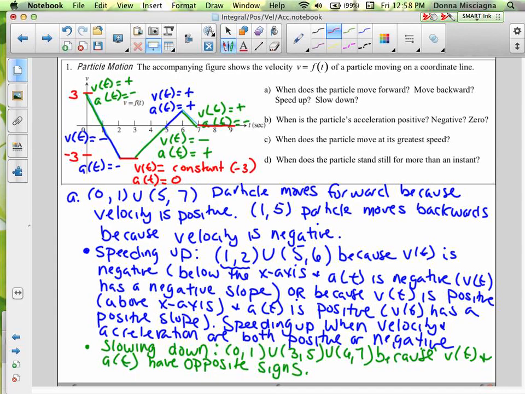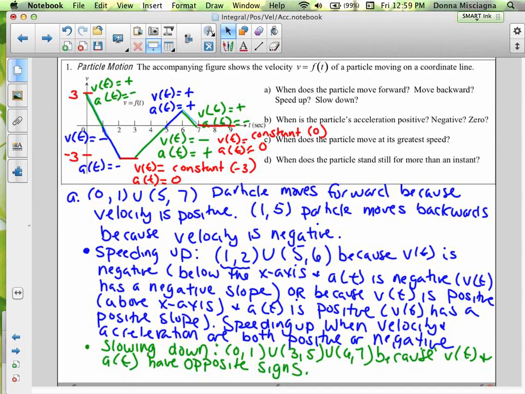From 7 to 9, the velocity is constant, and it's clearly 0. If your velocity is 0, so is your acceleration. It has to be, because it's a constant 0. And if you're not moving at all, you can't be moving faster or slower. Stands to reason.